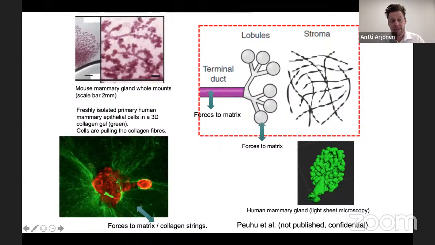We have mouse breast tissue shown here on the upper left corner, and then we have human breast tissue as well. And then we have this kind of imaging sectioning so that we can mimic this structure and replicate it. And this is very important.